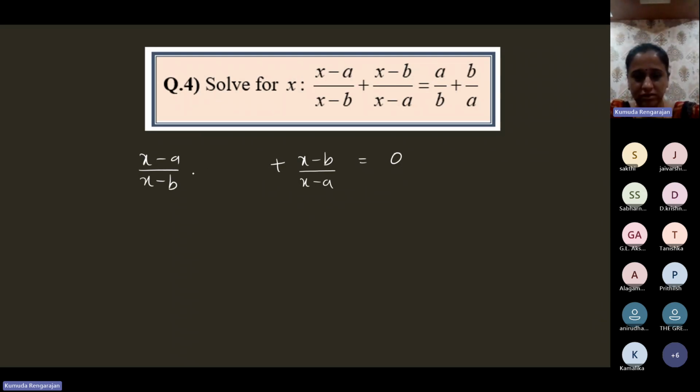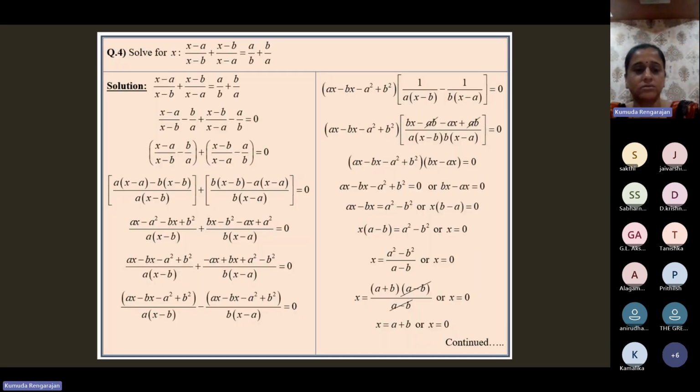So with this one, we'll take b by a, and with this, we'll take a by b. We're going to work with this and this, that is, when we take the common denominator, we'll be working with these two and these two.